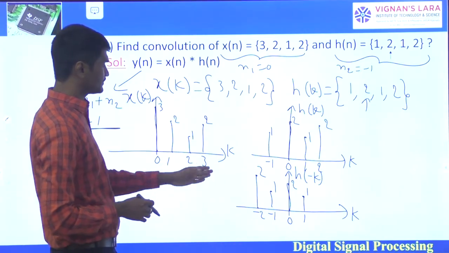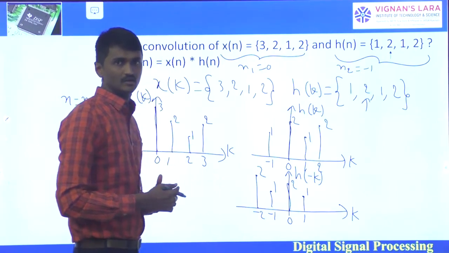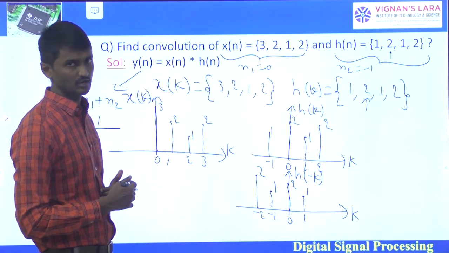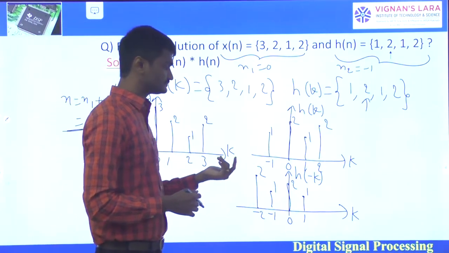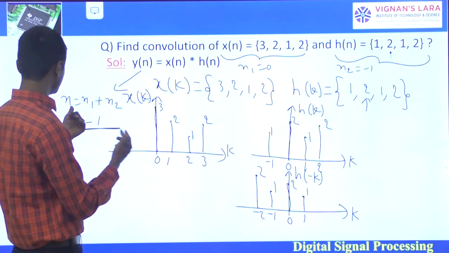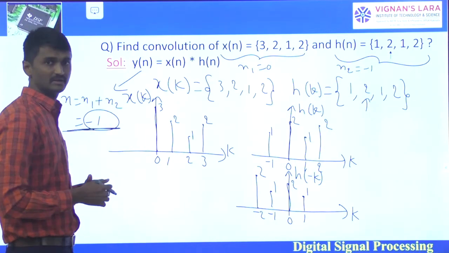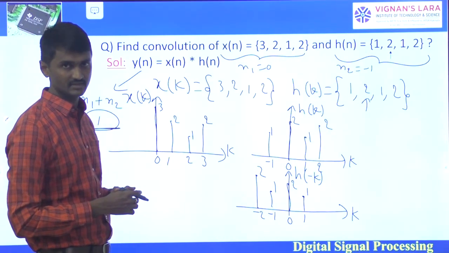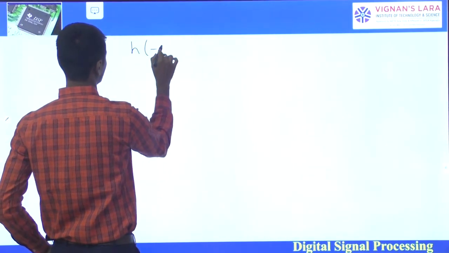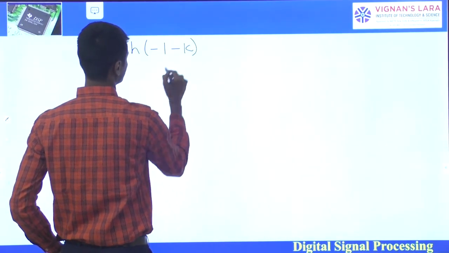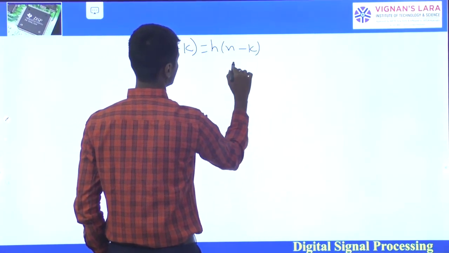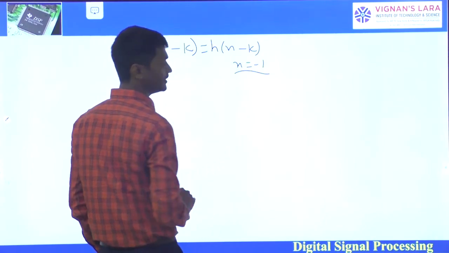Now after h of minus k, what operation do we have to perform? Time shifting. That is h of n minus k, which is h of minus 1 minus k, because the starting value of n is minus 1.